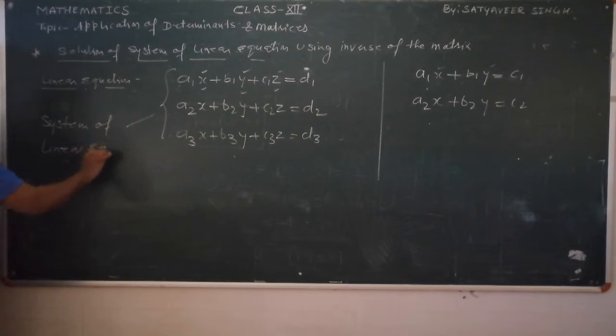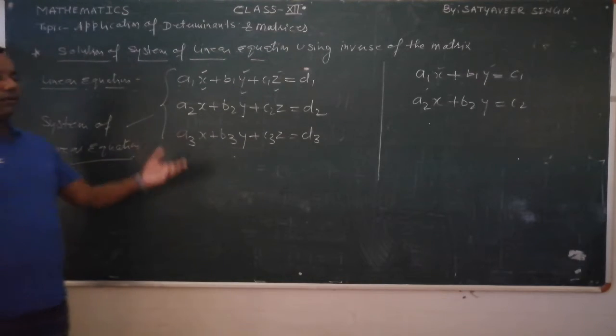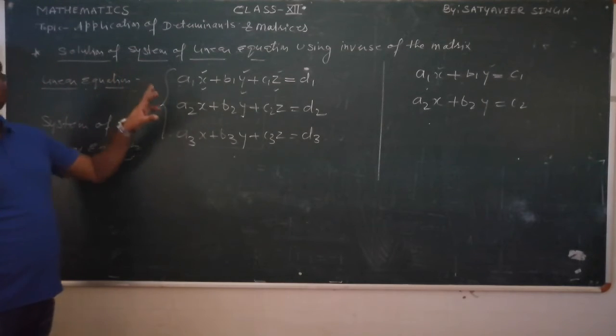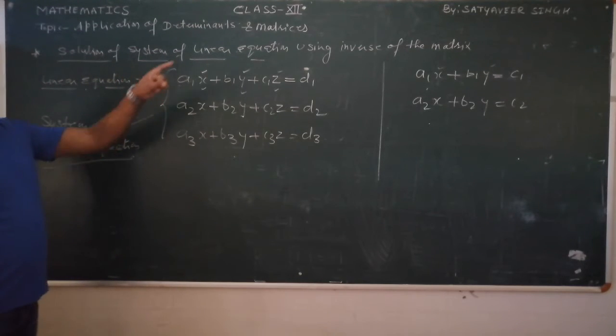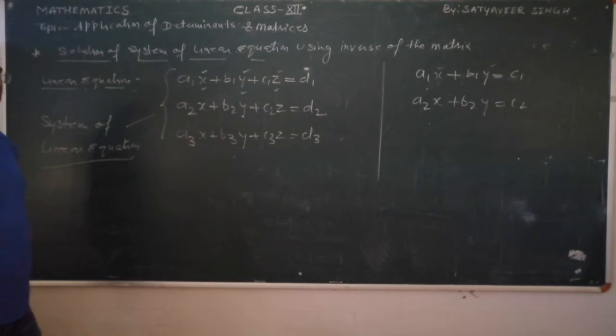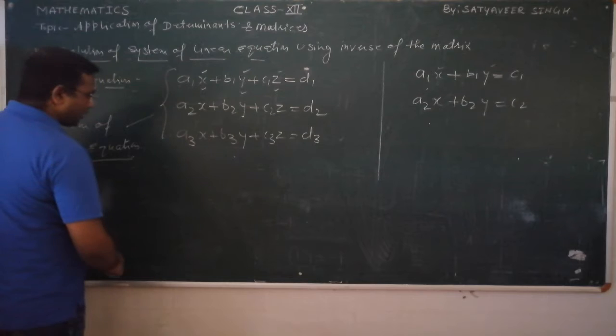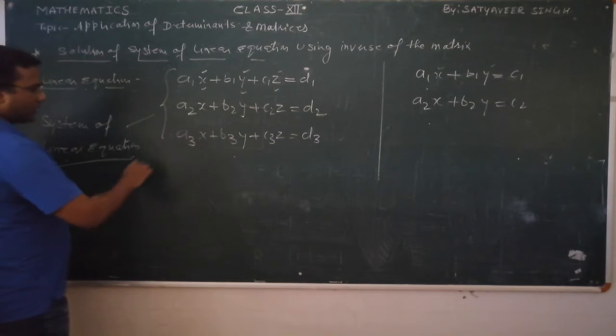This system of linear equations we have already learned how to solve algebraically, but now we want to solve it using the matrix and the inverse of the matrix. Student, what is the procedure? How can we solve this? Let us see.